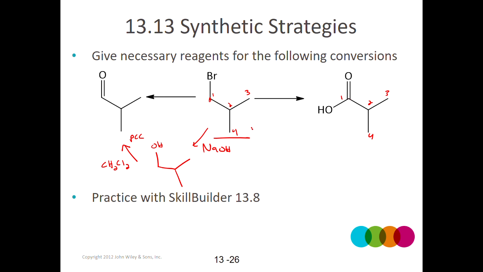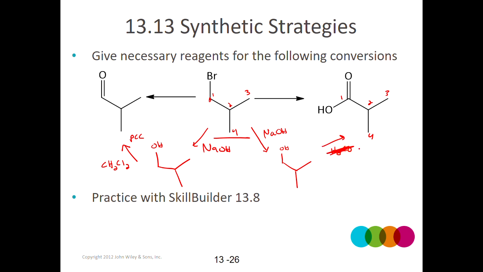Well, I could start the same way, by using NaOH. If I get an oxygen on that site, can I then convert a primary alcohol into a carboxylic acid? Yes.